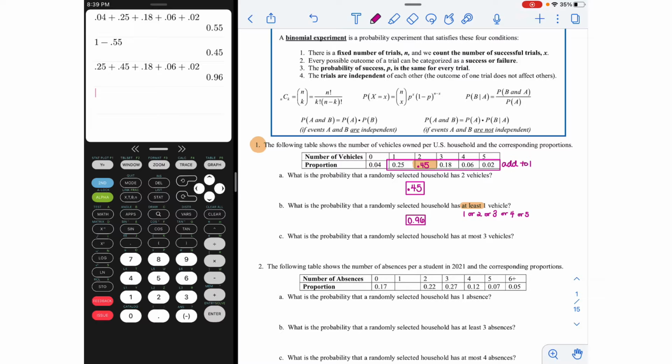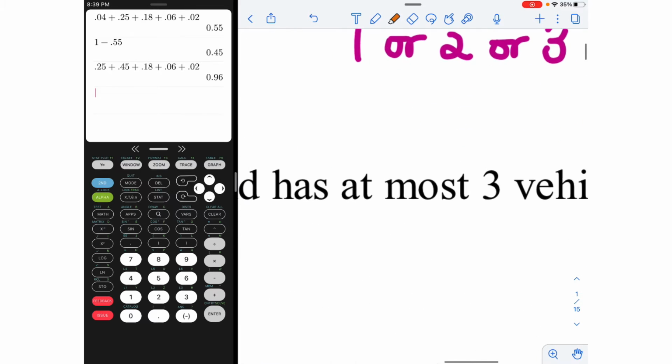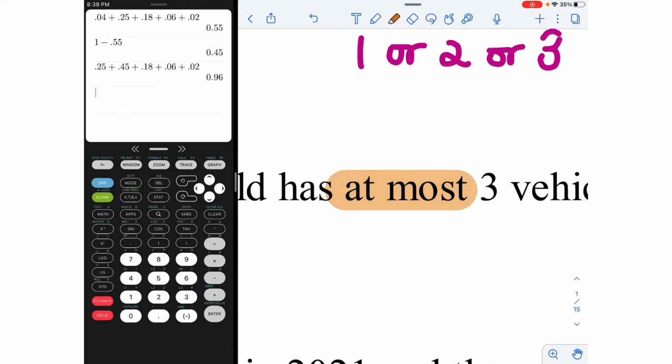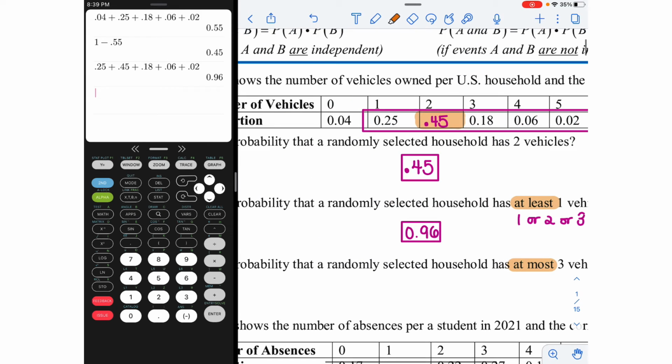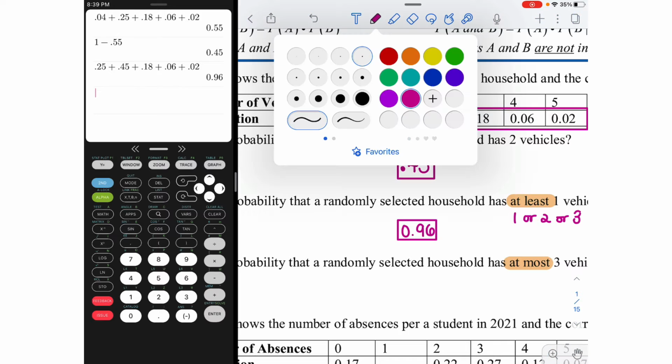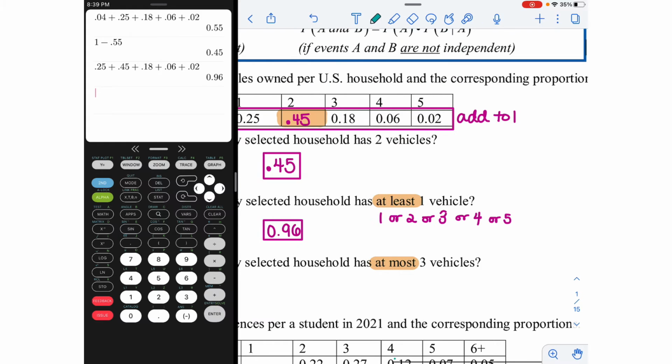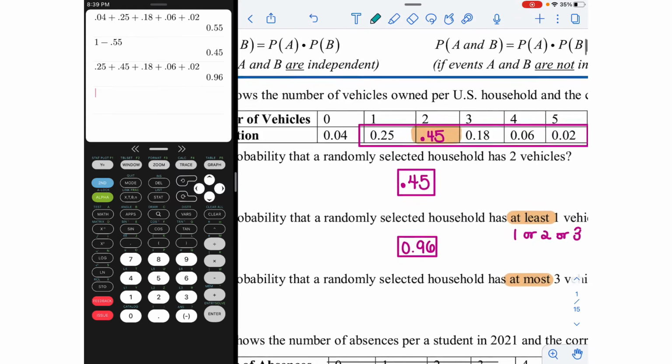All right, last one. What is the probability that a randomly selected household has at most, and that's really important, 3 vehicles. So it could be 3 or less than that. If it's 3 or less for at most, then I'm going to add up these ones.